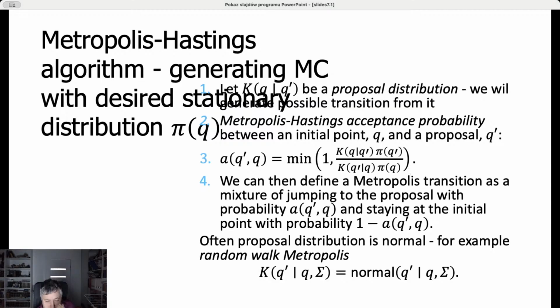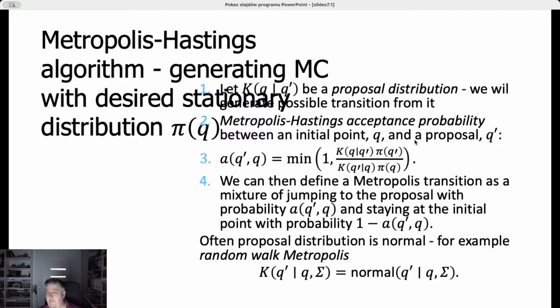So generally, the acceptance probability will depend on the probability density value of that function. If we move towards areas where the probability density function takes larger values, then the acceptance ratio will be greater than 1, so the transition probability will be 1.